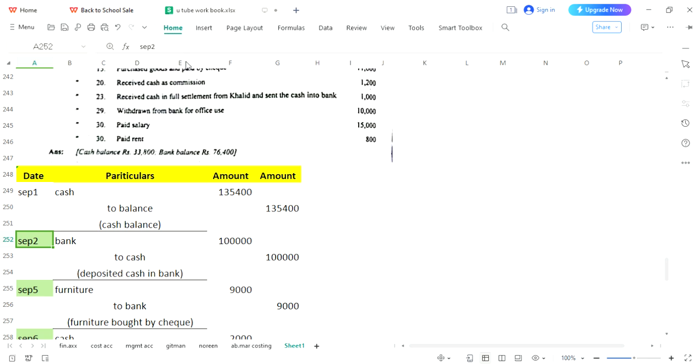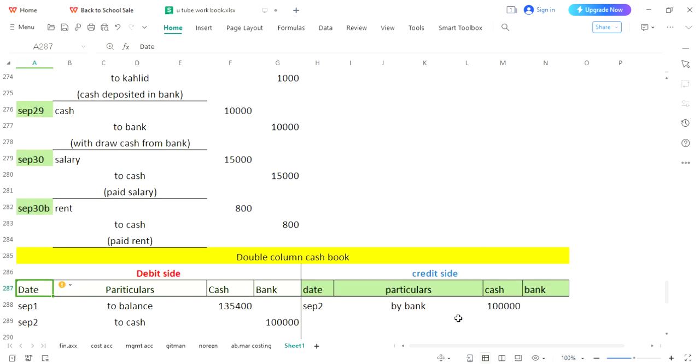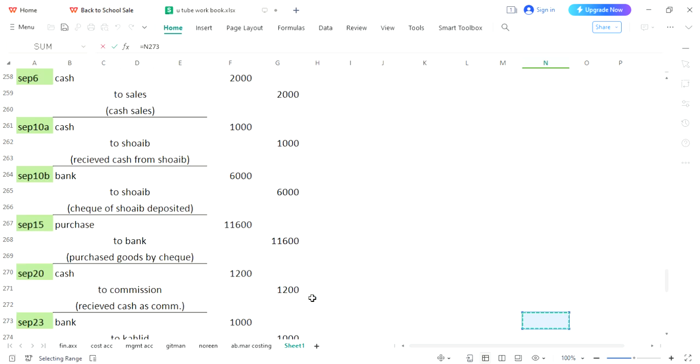Let's mark it as done. And now September 5th. There is only one effect. Why? Because only bank is present over here and bank is credited. September 5th is your entry date, and in this entry bank is credited, September 5th.